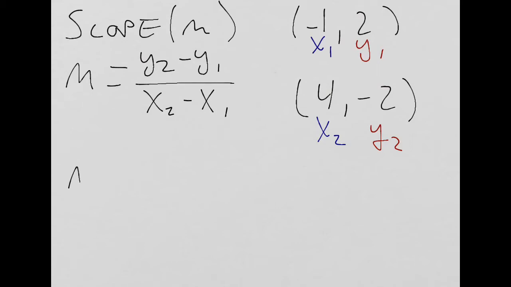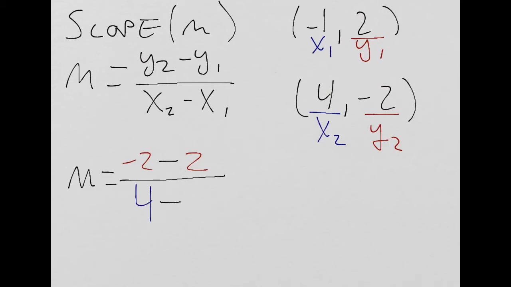So m equals y2, which is going to be -2, minus y1, which is going to be +2 here, divided by x2, which is 4, minus x1, which is -1. And I like to put that in parentheses so that I don't lose track of that negative sign there.